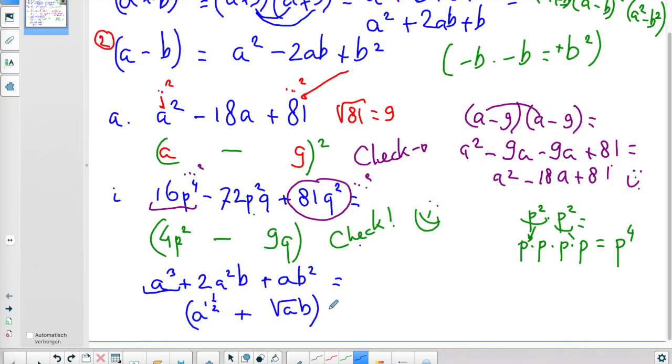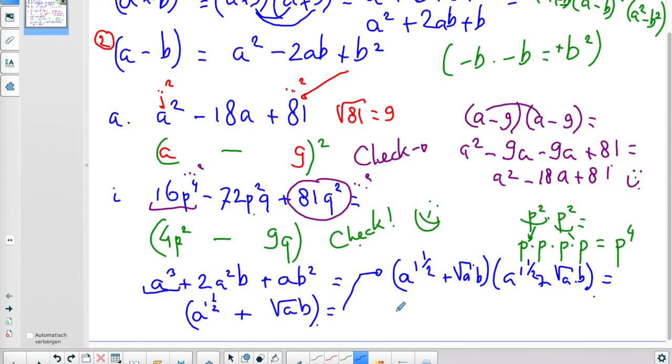But now I need to check. Well, let's take a look. A to the power of, let's write it down over there, a to the power of 1.5 plus the square root of a times b, times a to the power of 1.5 plus the square root of a times b.